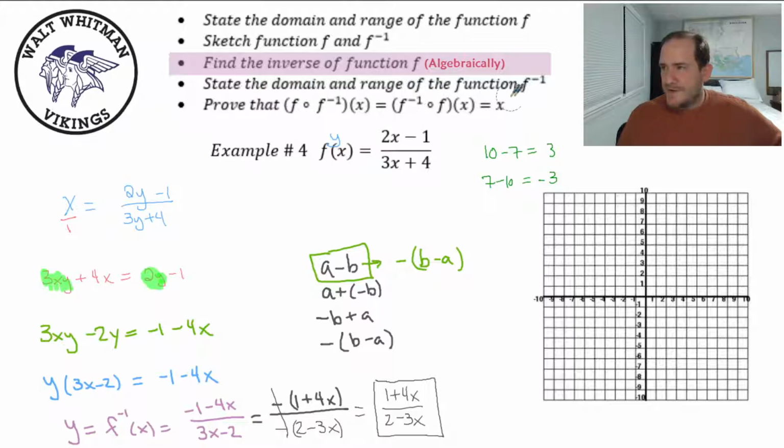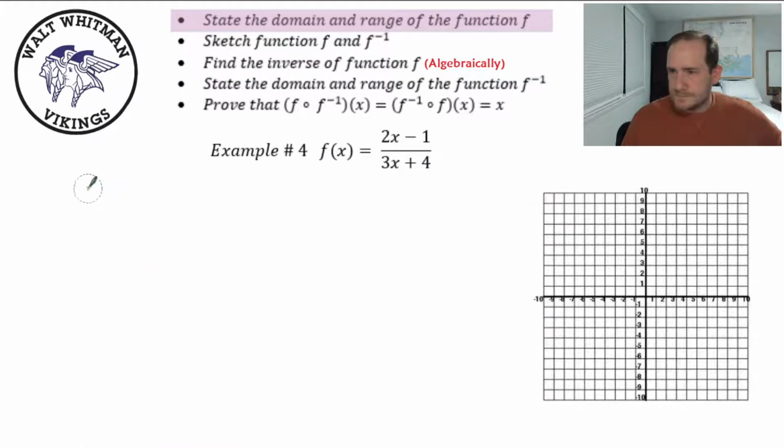State the domain and range. Okay, fine. 1 plus 4x, 2 minus 3x. Okay, looking at this thing, I should be able to just do the domain and range just by looking at it.